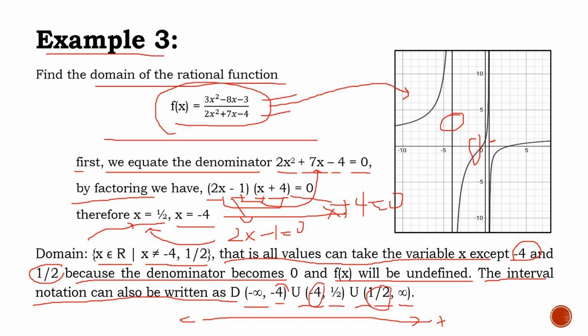So we exclude negative 4 and positive 1 half from the real numbers because they make the denominator equal to 0 and give a rational function value that is undefined.